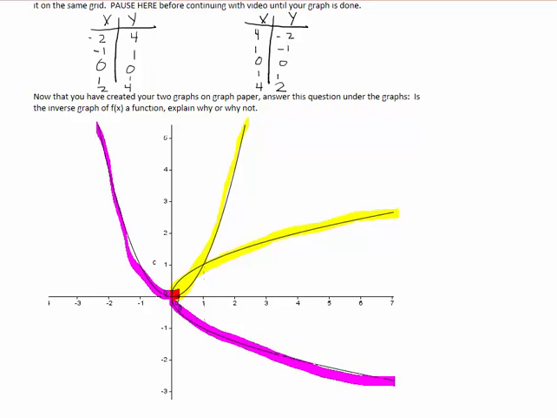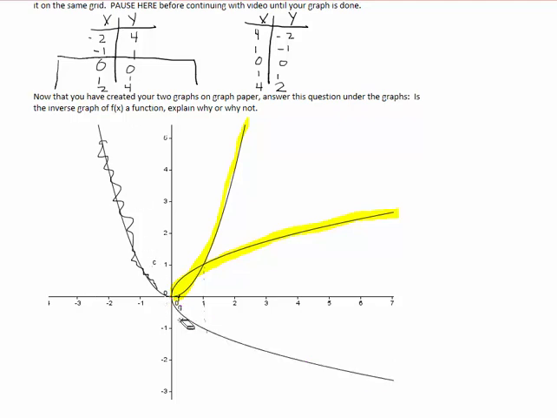So if I told you that none of your x values that you chose this time could be less than 0, meaning I want you to keep only your positive values, you would no longer have this side of the graph. This line would no longer be there. So when you took the inverse of that graph now, you're only inversing the yellow.